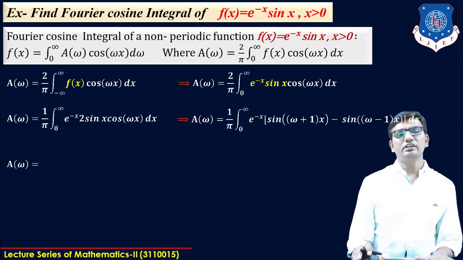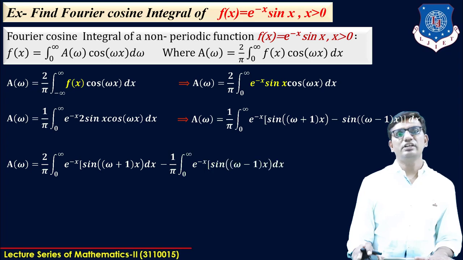After separating the integration, we get 1 upon pi integration 0 to infinity e raised to minus x sin (omega plus 1)x dx minus 1 upon pi integration 0 to infinity e raised to minus x sin (omega minus 1)x dx.